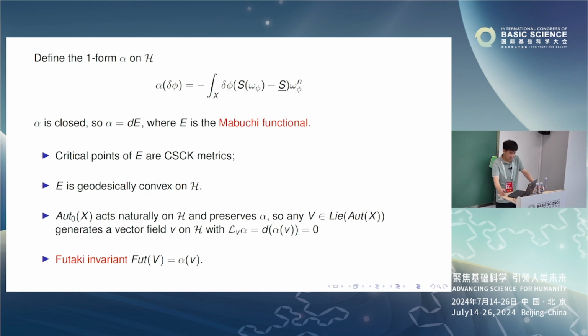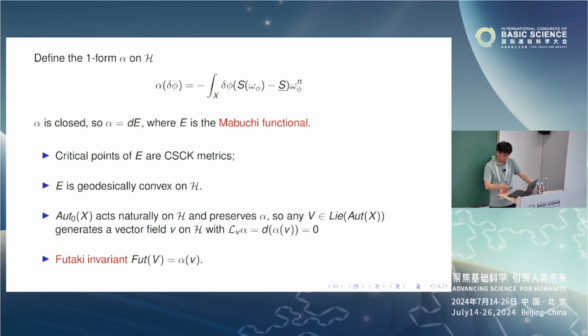You take delta phi, just a tangent vector, and you take the L2 inner product of delta phi with the equation that you want to solve, scalar curvature minus the average. If this is 0, of course, the scalar curvature has to be constant.